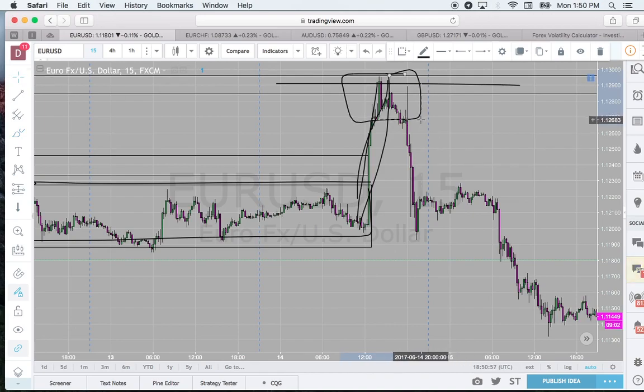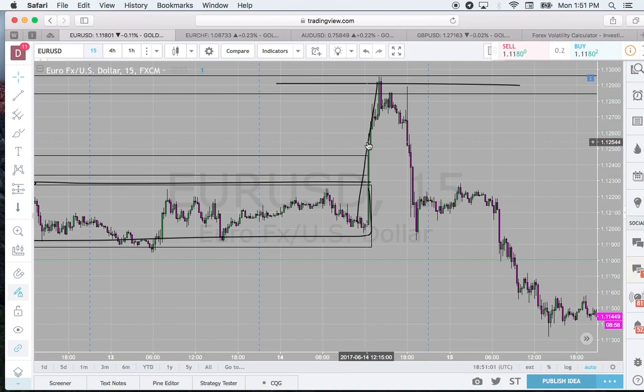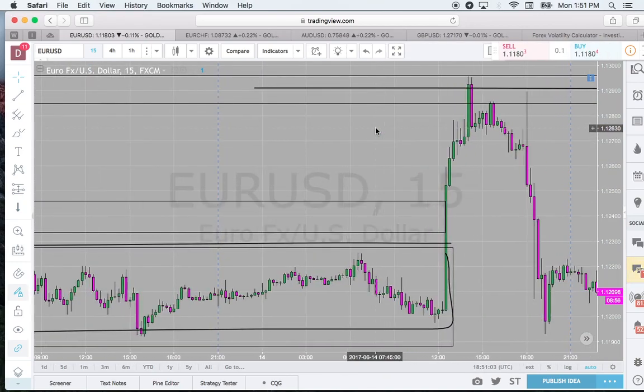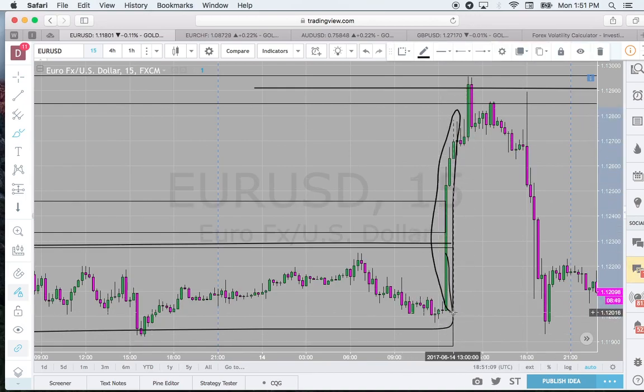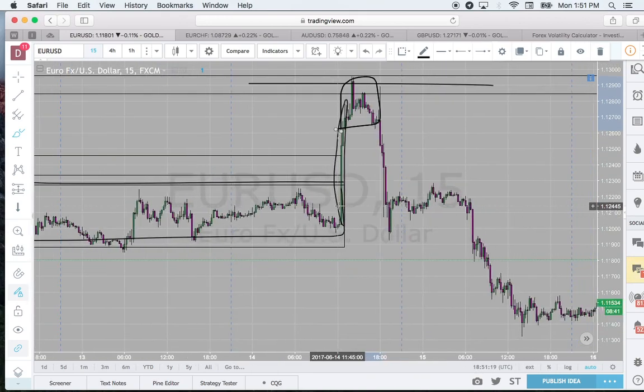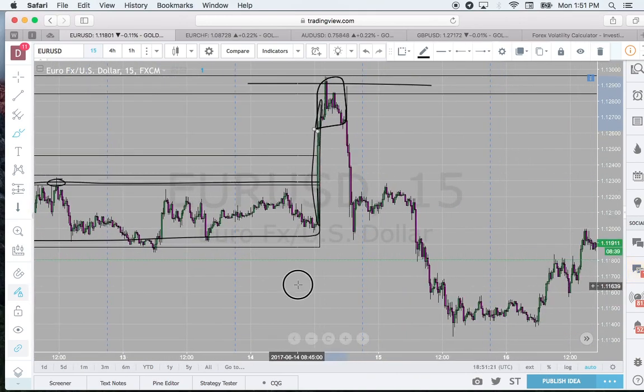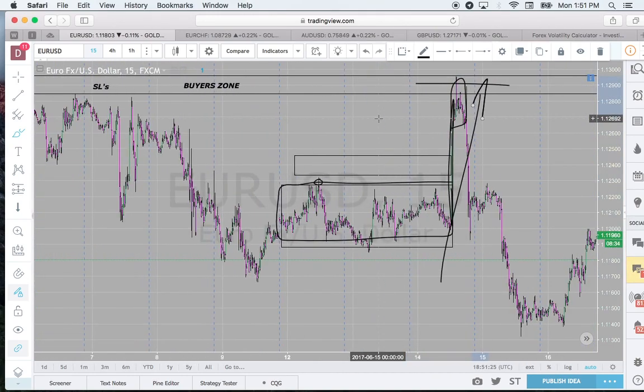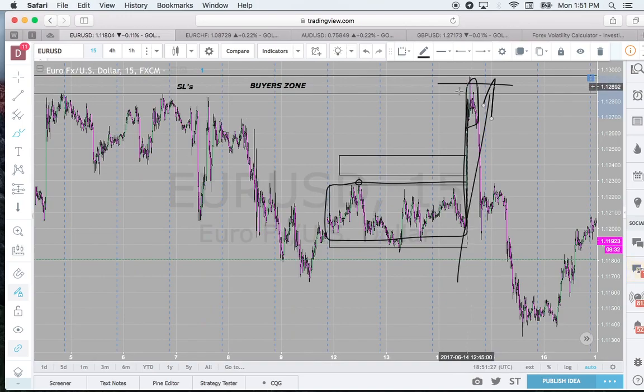But, upon balancing out the liquidity by spiking the market up this much, retail traders have now seen this and are buying in this area, right? Thinking that, well, the trend must go up now. A new high has been created.